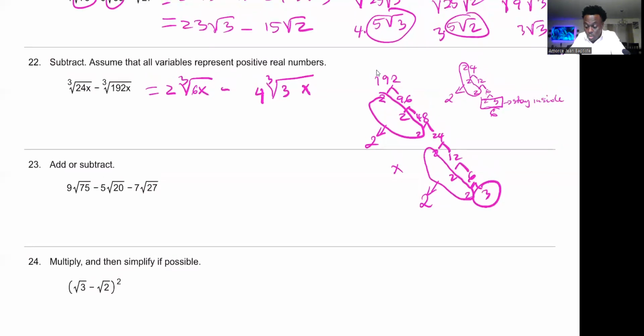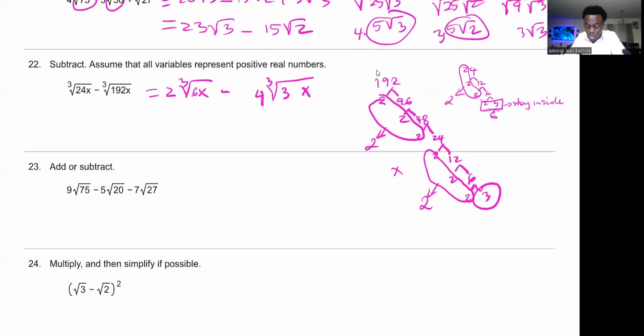I'm trying to see what happens here because we would not be able to combine if it's not that. Let me see if number 22, okay.